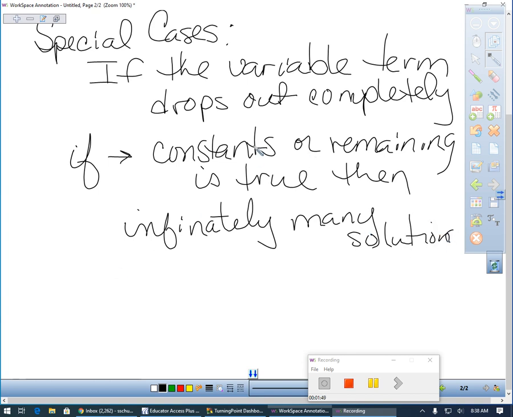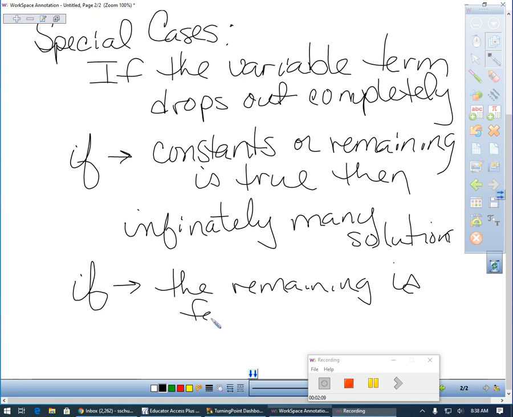Yes, that's an or. Infinitely many solutions. Okay? If the remaining is false, then we say it is no solution.